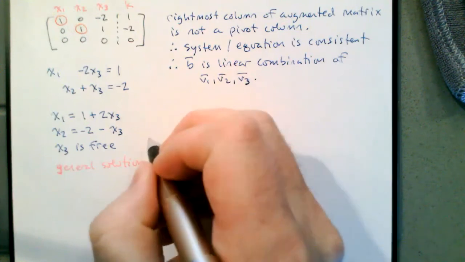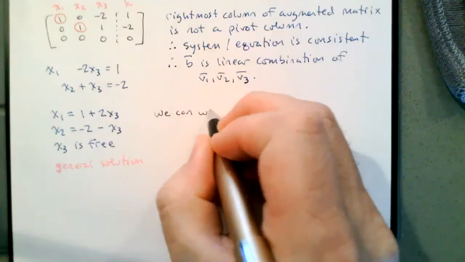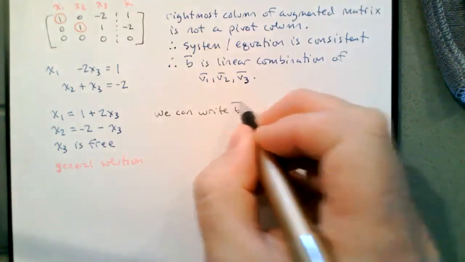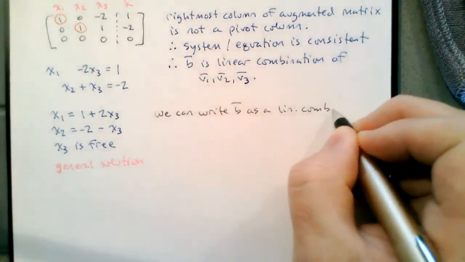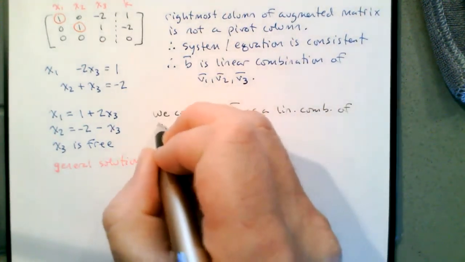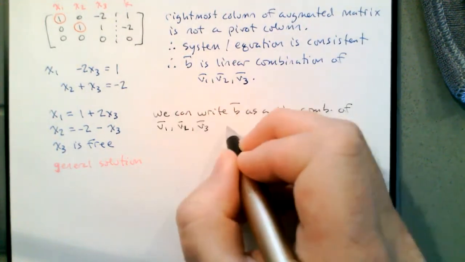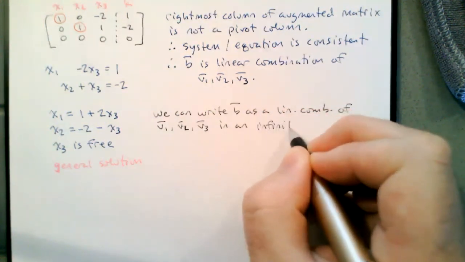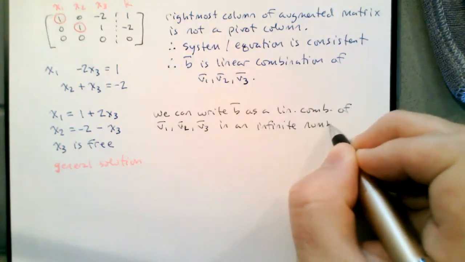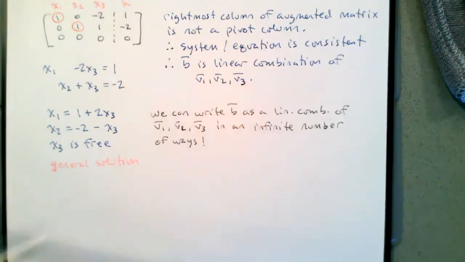So note, we can write B as a linear combination of V1, V2, and V3 in an infinite number of ways, one for every value of x3.